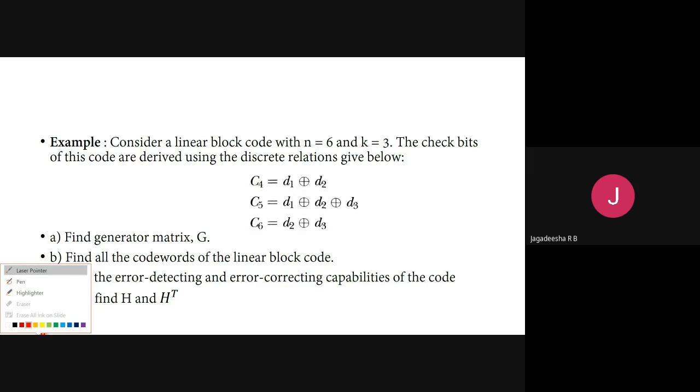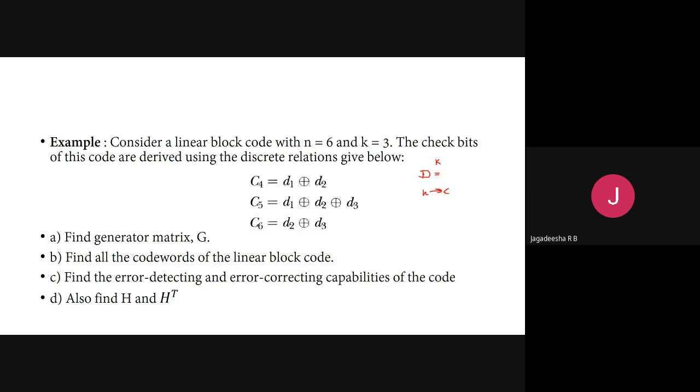So basically, I will give you a few more details here. We have some data D. This data is K bits, K bit data. We want to convert these K bits into a code word of size N. Here its size is 6.